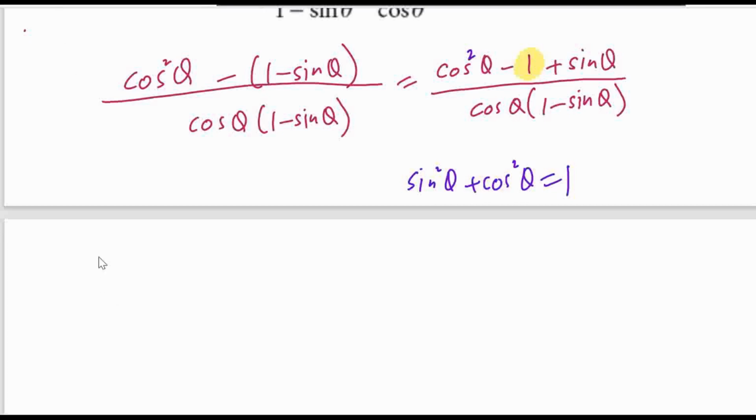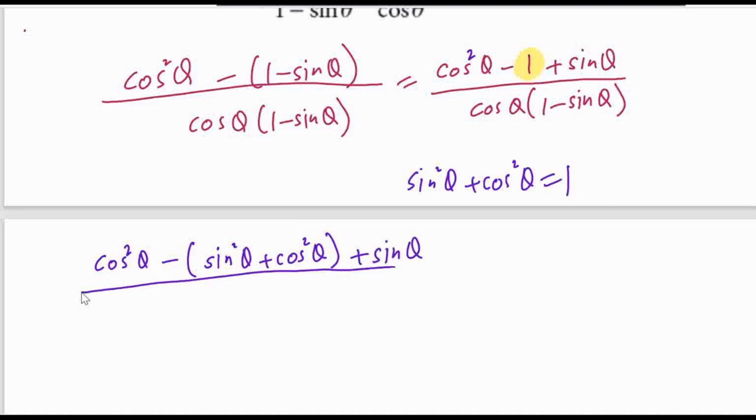So if we replace it, this will be cos square theta minus sine square theta plus cos square theta plus sine theta. So here you can see that we have replaced 1 with sine square theta plus cos square theta. I hope that this thing is clear to all of you.